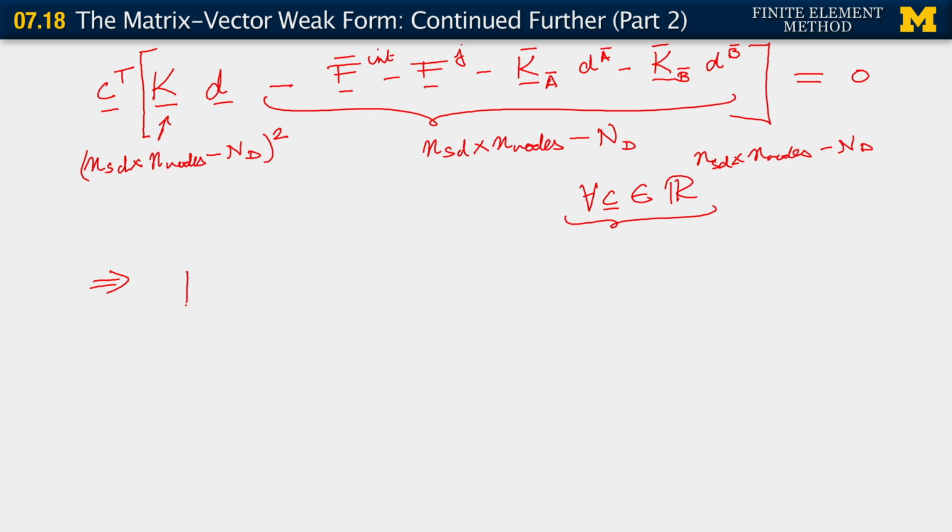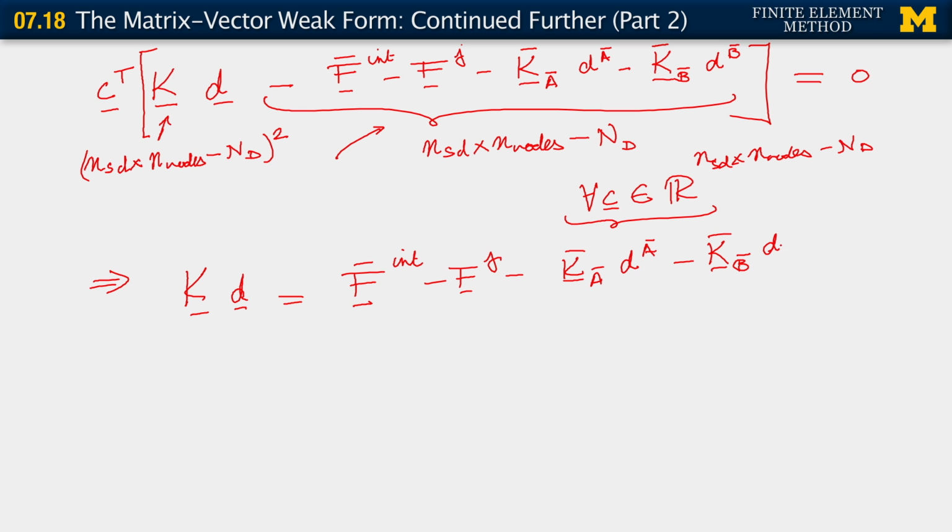we have K D equals everything on the right hand side, everything that makes up that vector: F bar internal minus Fj minus K bar A bar dA bar minus K bar B bar dB bar.